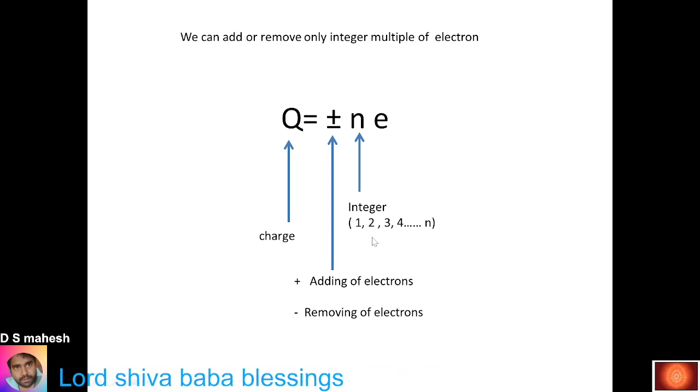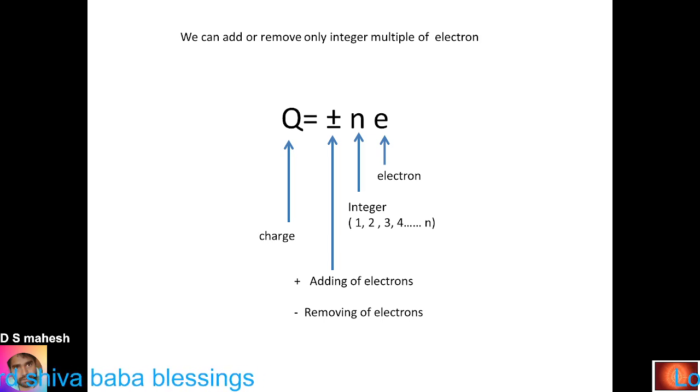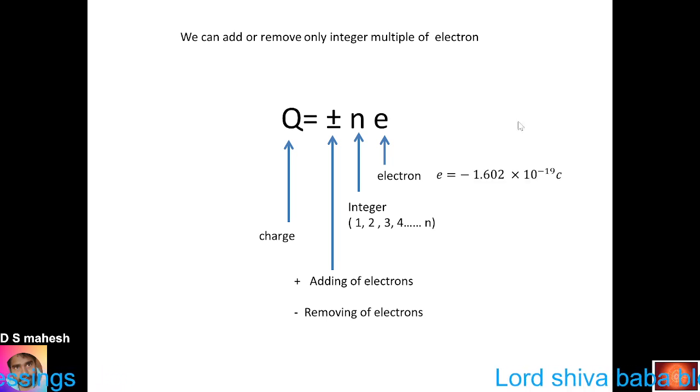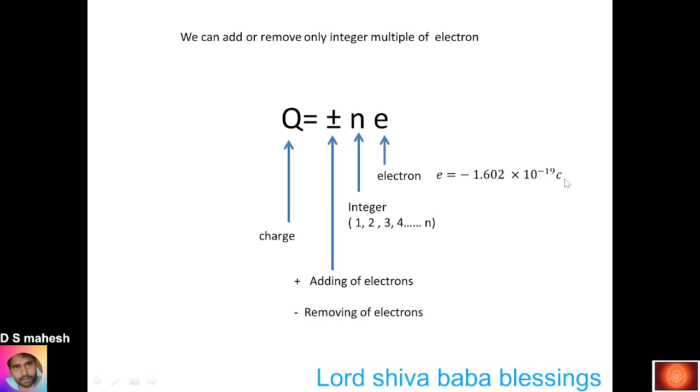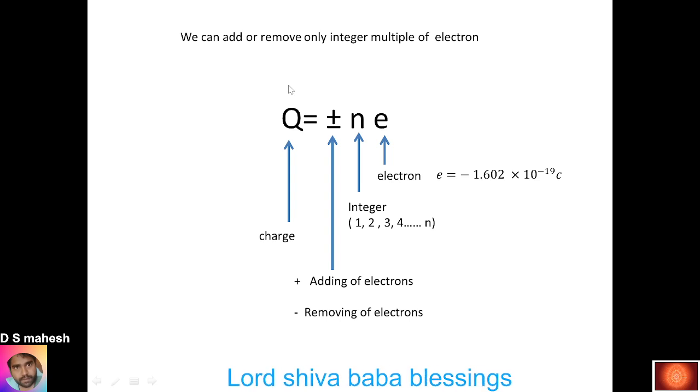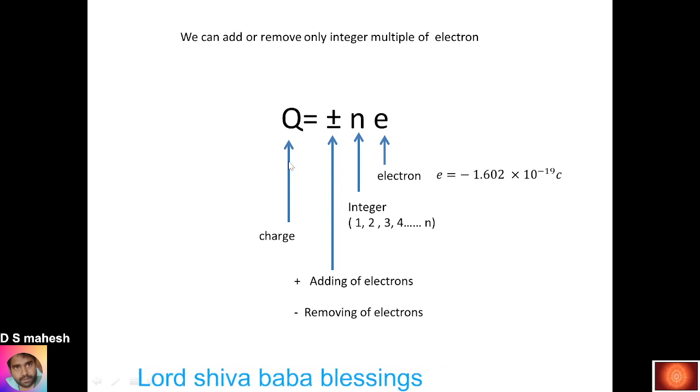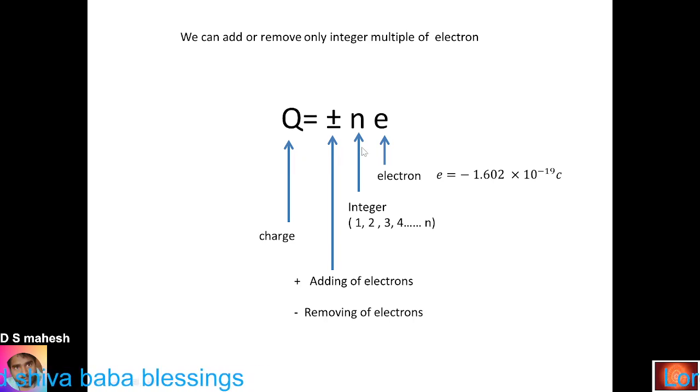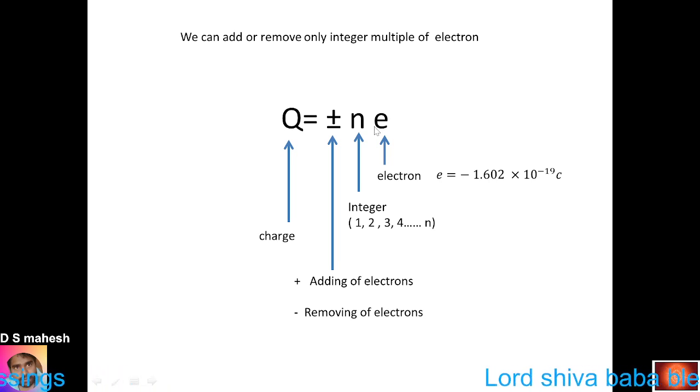It cannot be any fraction, and e is the electron. The electron carries a negative charge of minus 1.602 into 10 to the power of minus 19 coulomb. This is the formula which we need to remember in order to know how many charges can be transmitted from one body to the other.